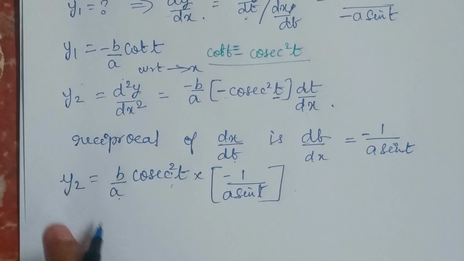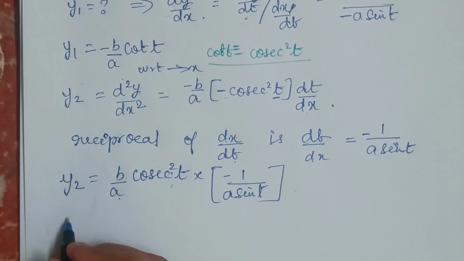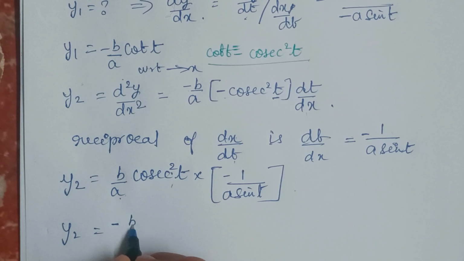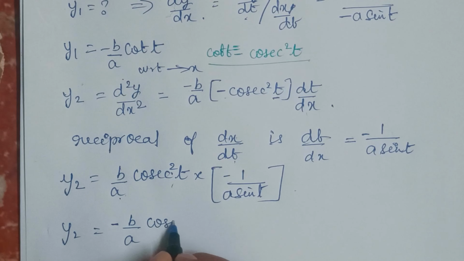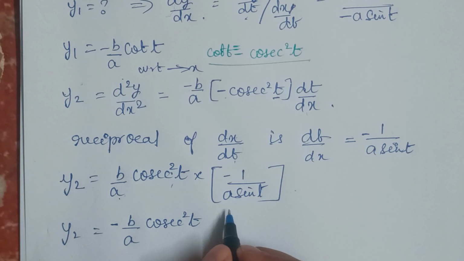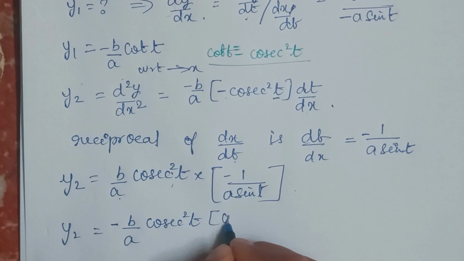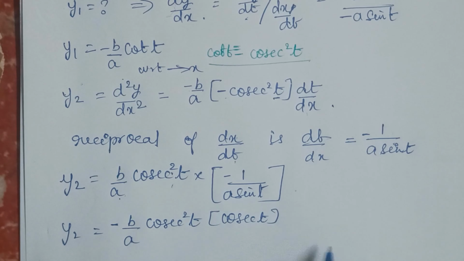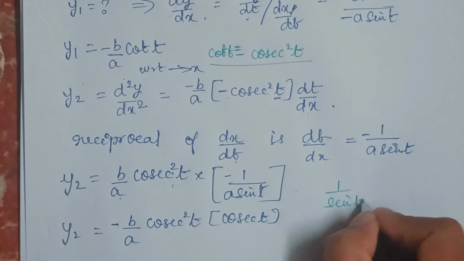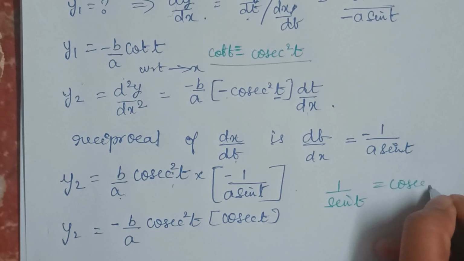So I can rewrite this as y2 is equals to, minus I'll take it outside, minus b by a cosecant square t. 1 by sine t is what? 1 by sine t is nothing but cosecant t.